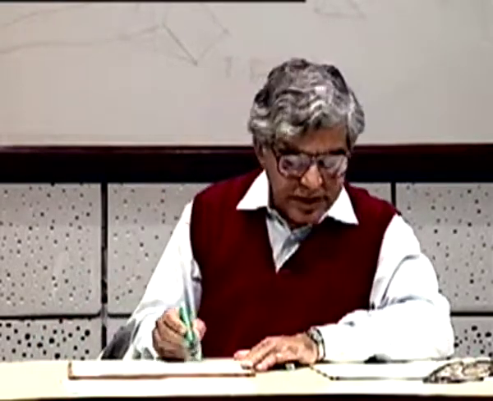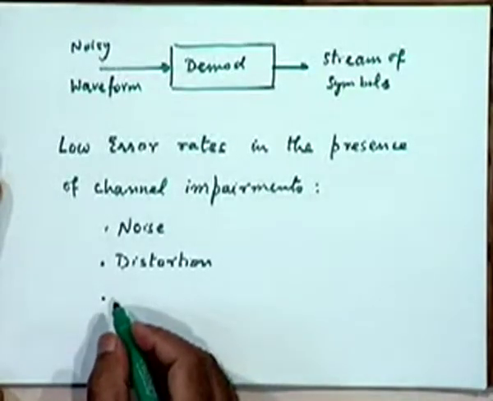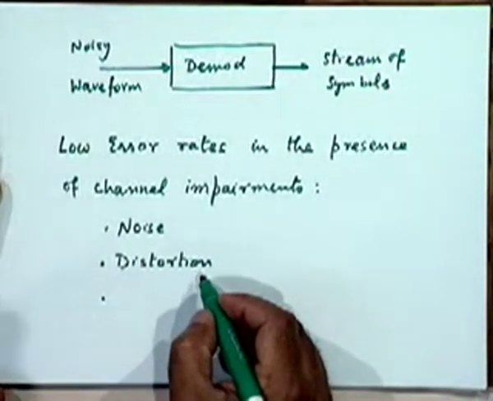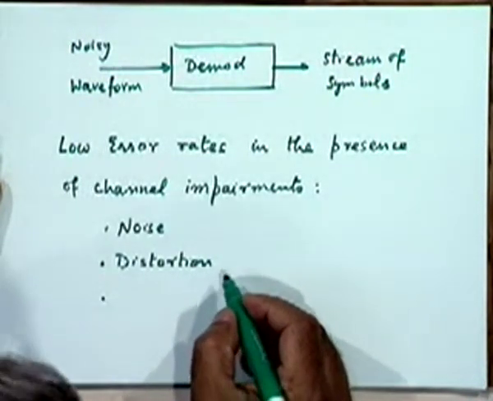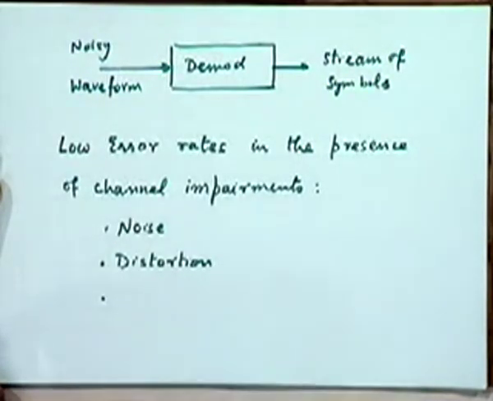So in the presence of noise, distortion, or interference from other sources, distortion would include intersymbol interference. Intersymbol interference would come within the purview of distortion, right?